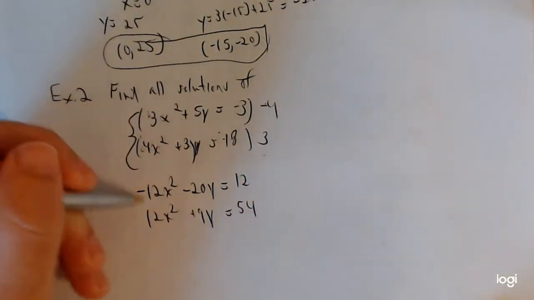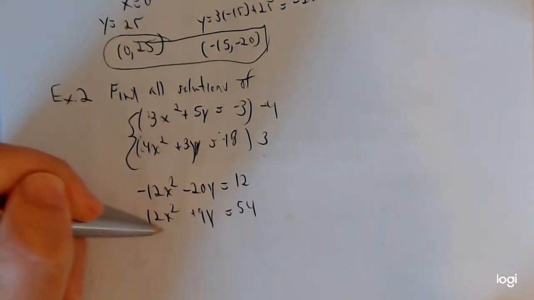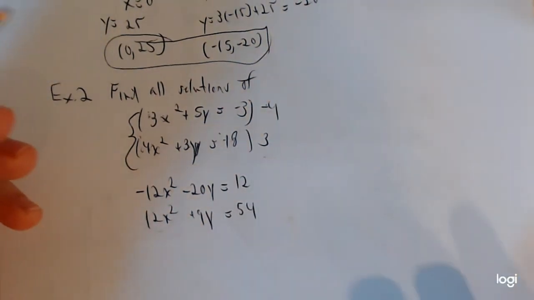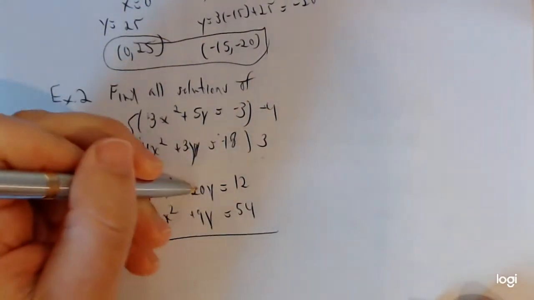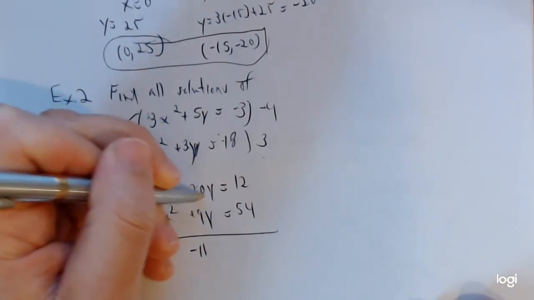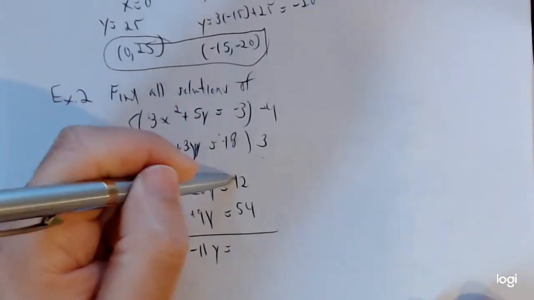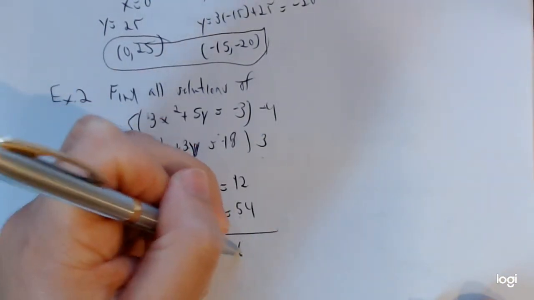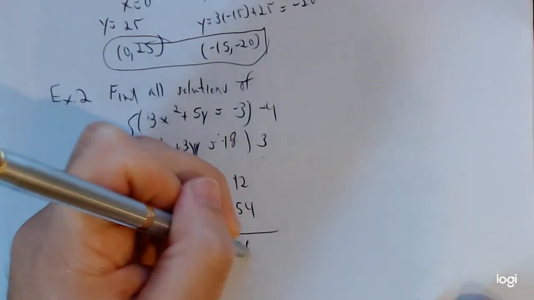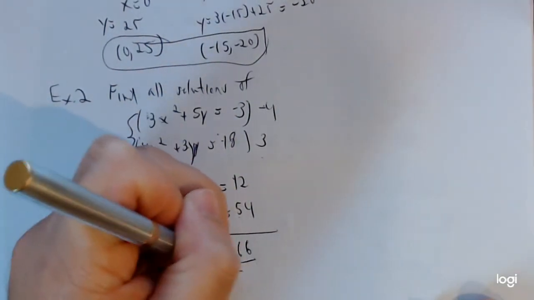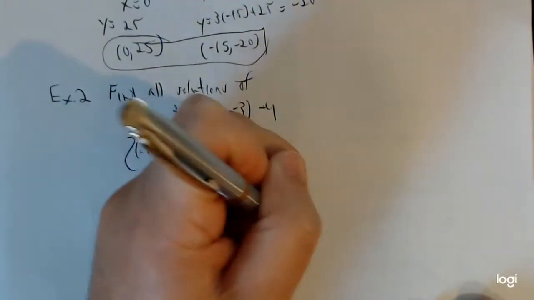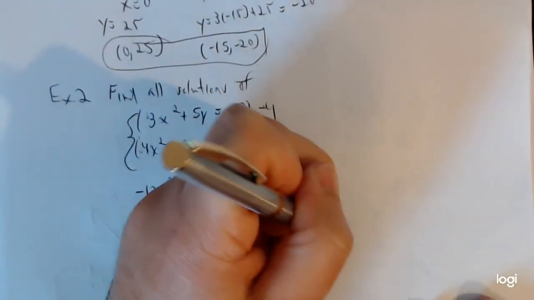So now I could add them, and when I add them, notice how this will eliminate. So we can use elimination. And when I add them, I'm left with -11y equal to 12 plus 54, which is 66. And if I divide both sides by -11, I get y equals -6.